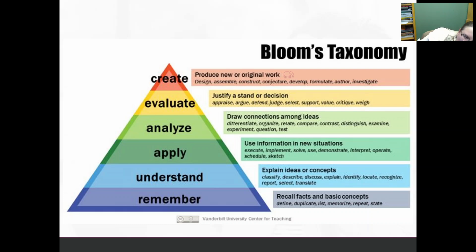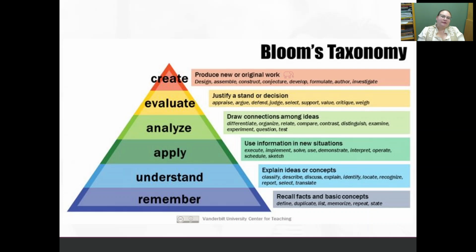This could even be where we recognize some information as well, or even restate it. The next level we have is apply or application. This is where we are going to use information in these situations. One of the topics we'll come back to later on in this semester is this idea of transfer, transferring information from one situation to another situation.